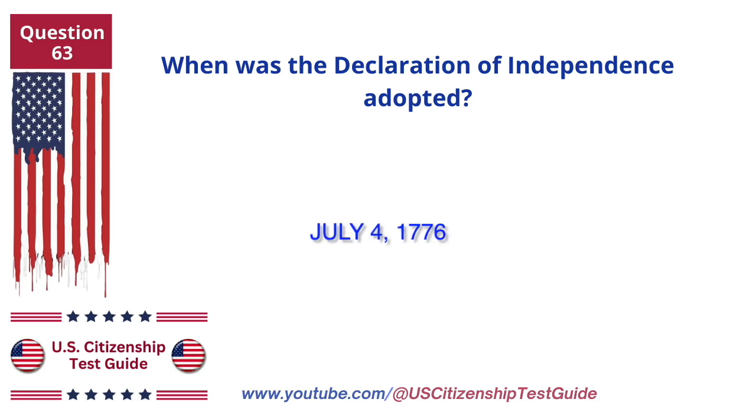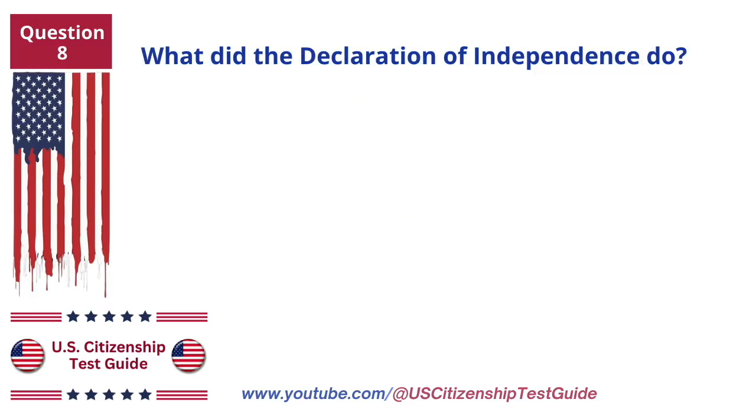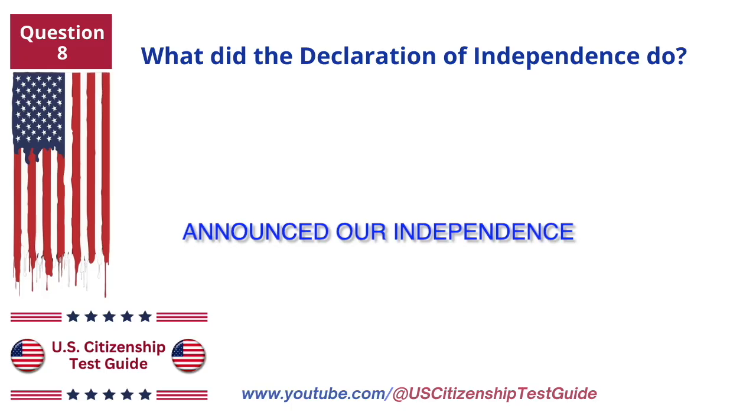July 4, 1776. What did the Declaration of Independence do? Announced our independence from Great Britain.